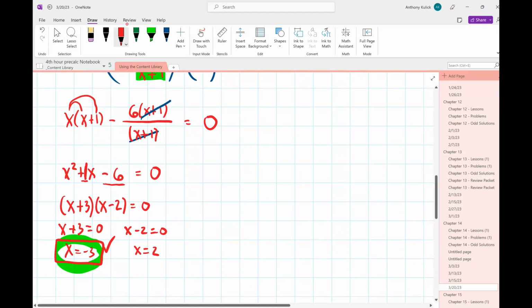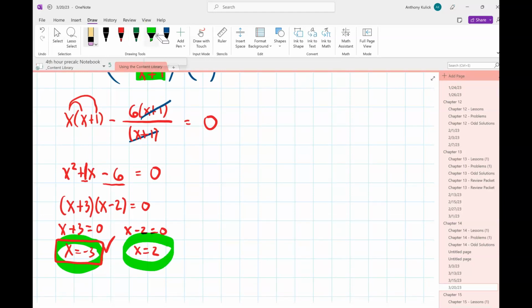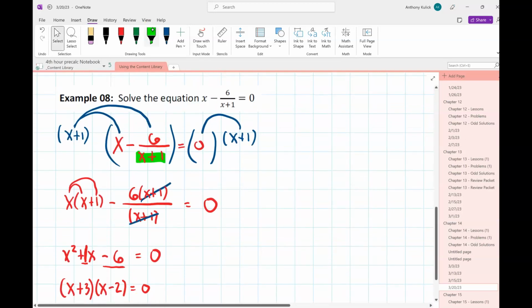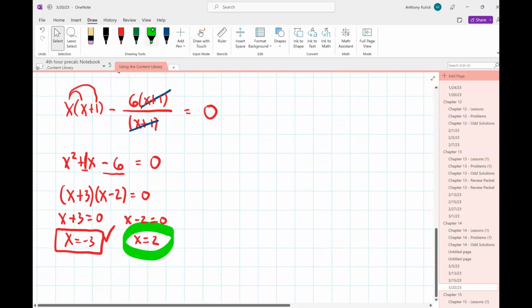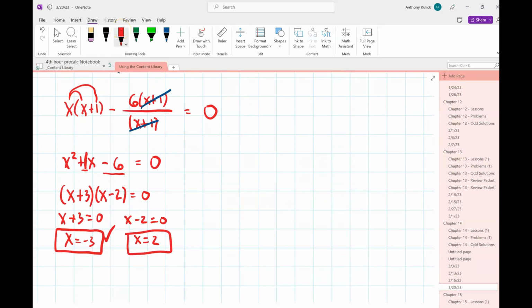Now let's take the next one. X equals 2. Is 2 plus 1 equal to 0? No! So that answer's okay also. So that's all there is to that one.